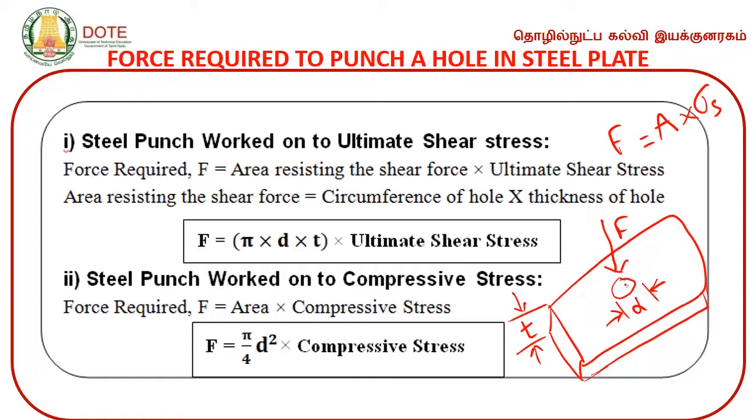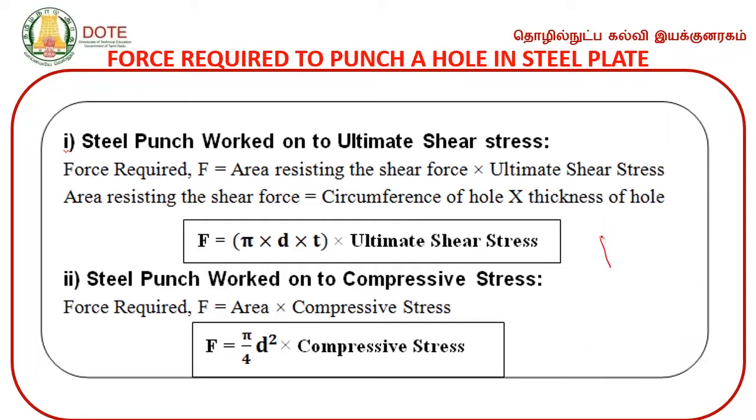What is the area? Here the area is going to be the total area resisting the shear punch. So we have to develop this hole. We are going to make a hole in the steel plate of diameter d and thickness t.